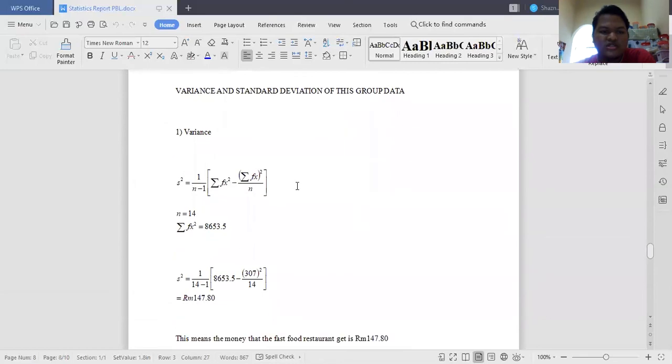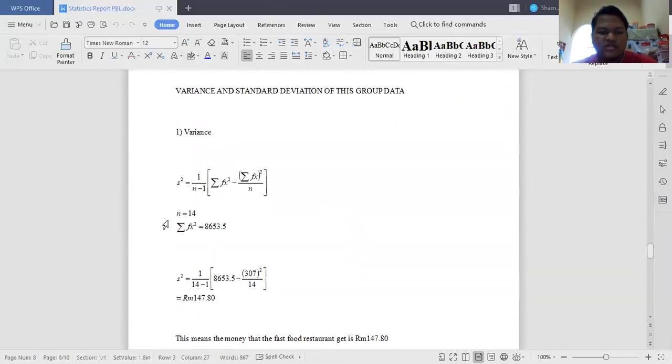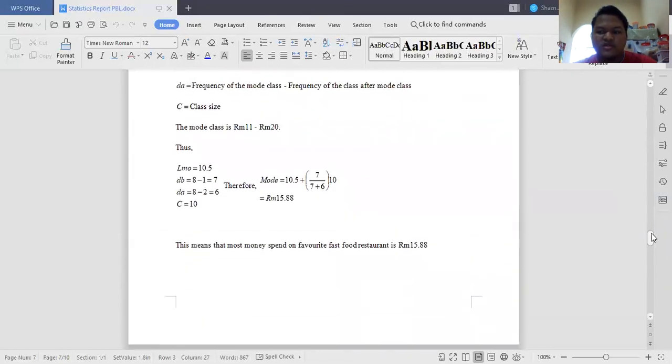Lastly, variance and standard deviation for this group data. Variance is S squared. This is the formula for the variance. We get the numbers from this table.